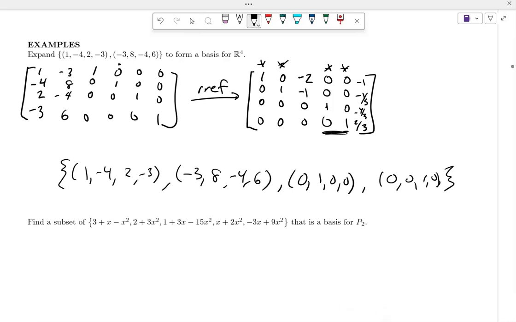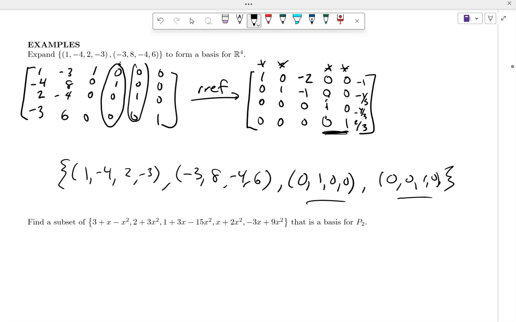Yeah. Okay, so remember, it's not these vectors. These are the vectors that end up with pivots, right? We want to go back to the original columns that they correspond to and grab the vectors. So I grabbed that one and that one. That's why I put those in. Yeah. Okay.